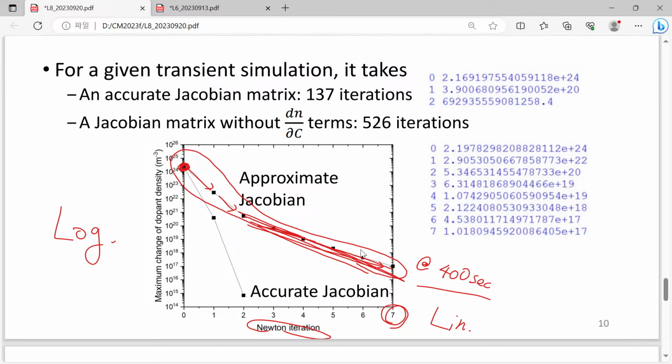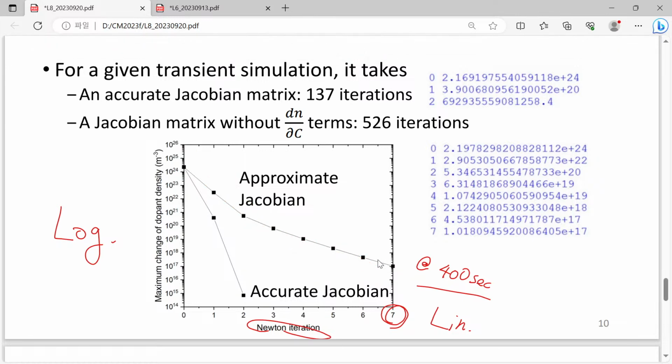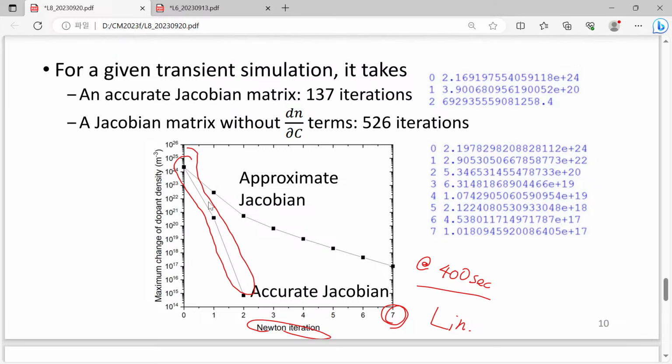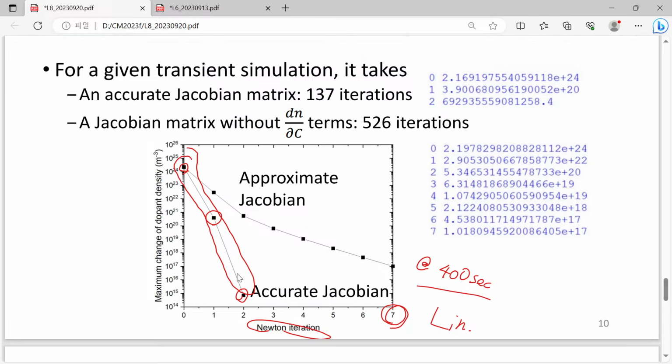This is the indication of the imperfectness of your Jacobian matrix. However, if you do it correctly, if you consider the dn over dc term exactly, then you will get this one. Starting from 1, 2, 3, only 3 iterations are required to get a much lower level of update vector.